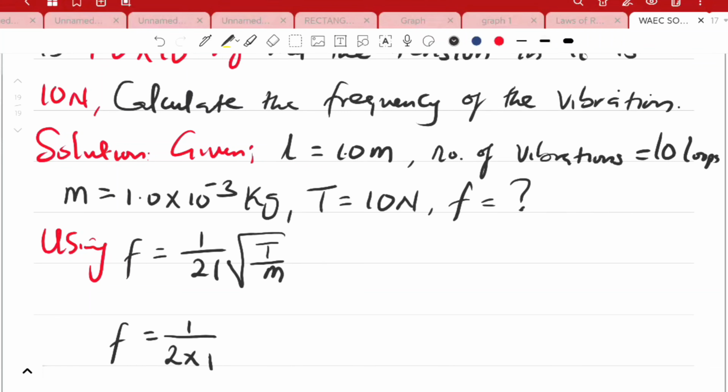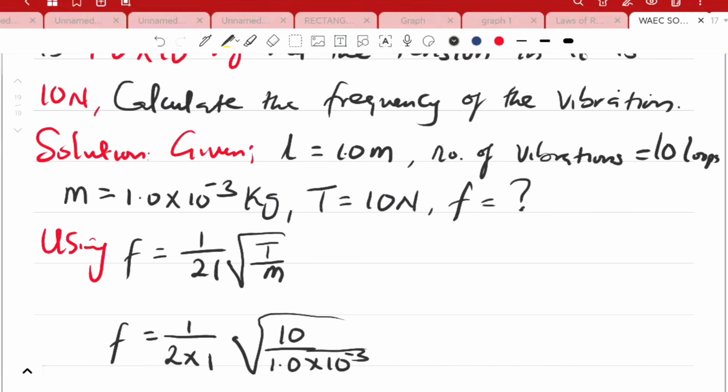Then multiplied by the square root of T. Our tension is 10 all over M. Our M is 1.0 times 10 raised by minus 3. Are you following?